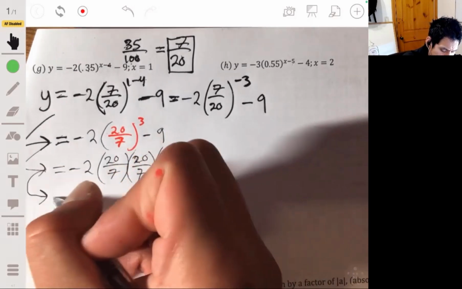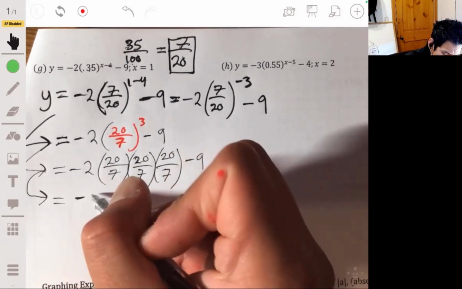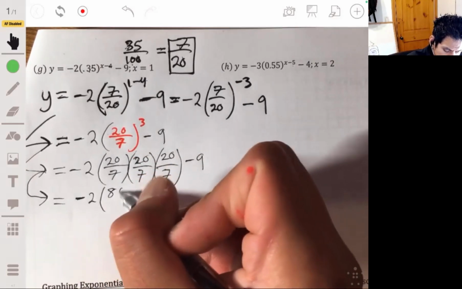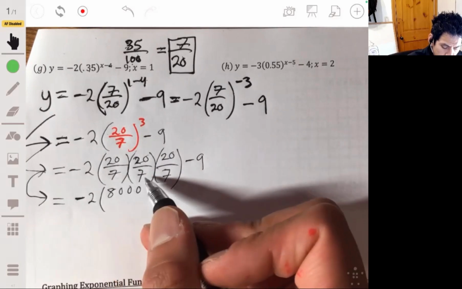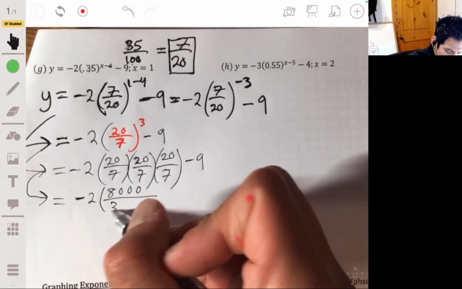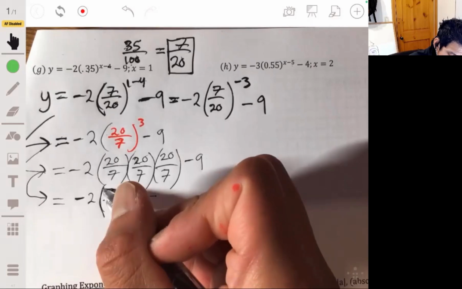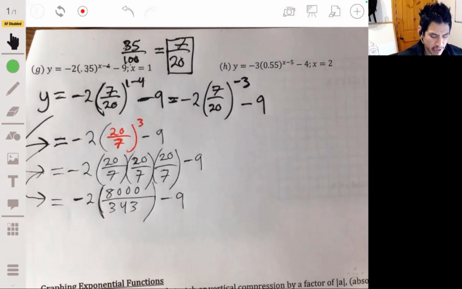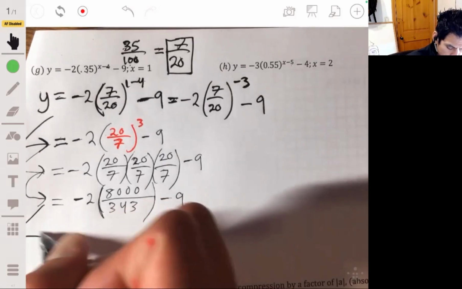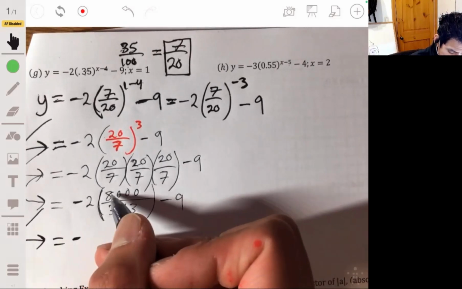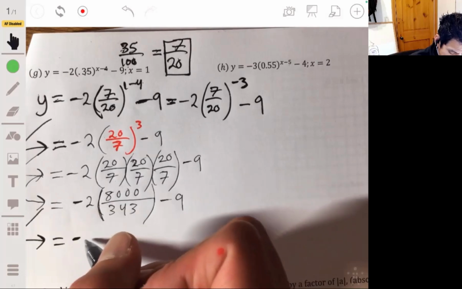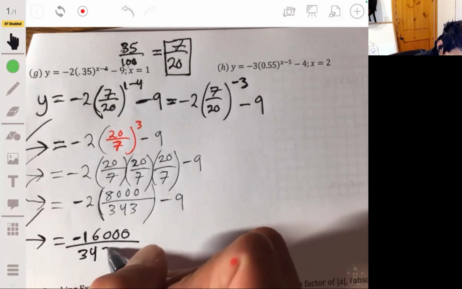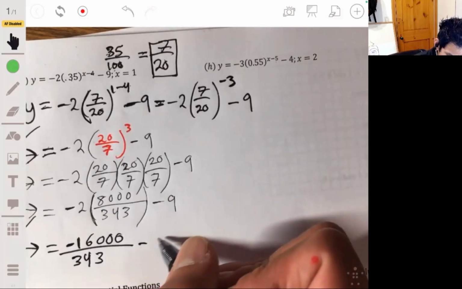Okay, making progress. We get negative 2. 20 times 20 is 400, times 20 is 8,000. 7 times 7 is 49, times 7 again is 343. Minus 9. Man, I can feel the excitement. Negative 2 times 8,000 is negative 16,000 over 343 minus 9.